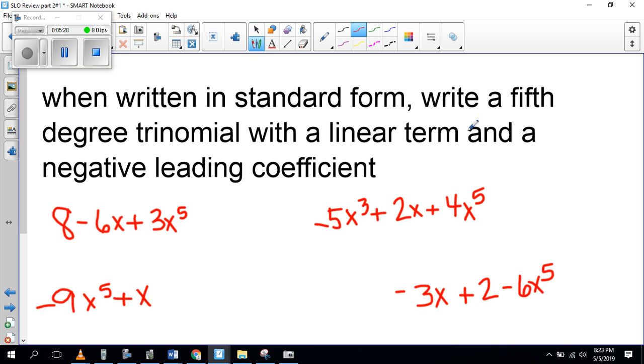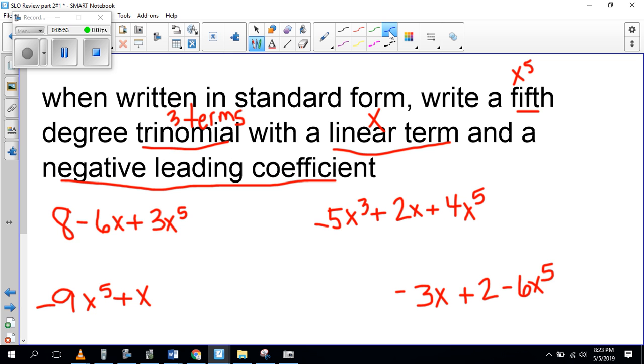So 5th degree, that means it's going to be x to the 5th. That's going to be your biggest one. Trinomial, 3 terms. It will help you to write this on your test. Break it down. It says with a linear term. Linear means it's just an x. And it has to have a negative leading coefficient.